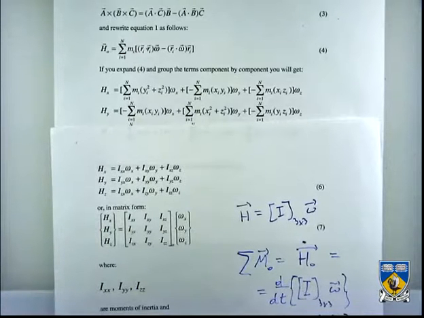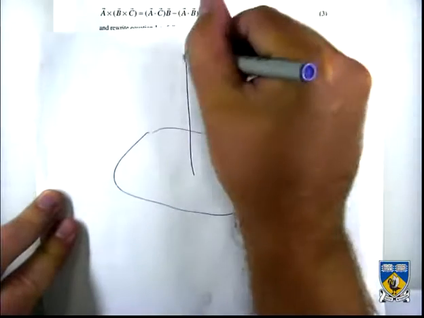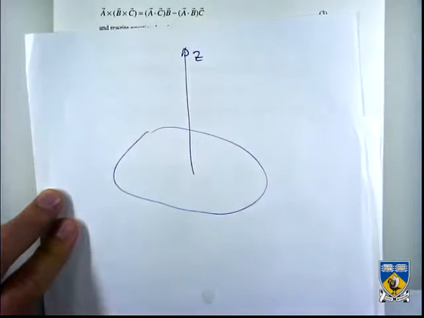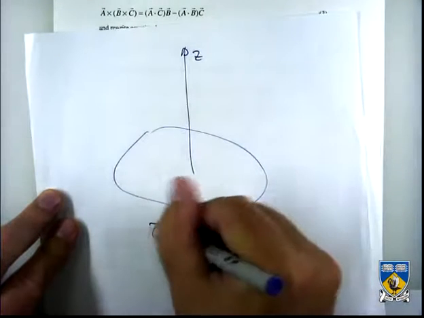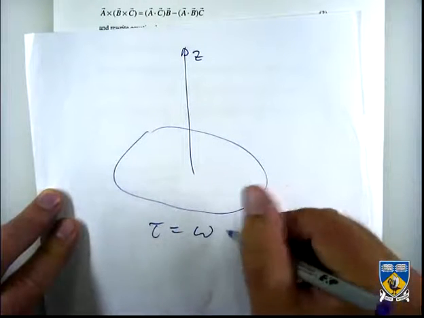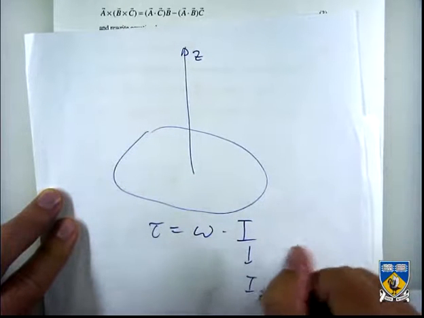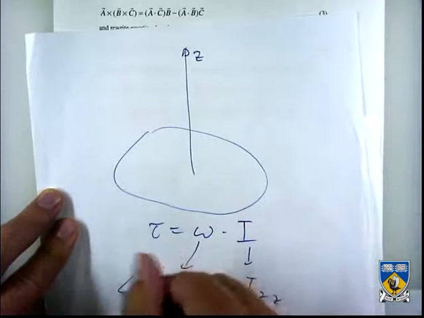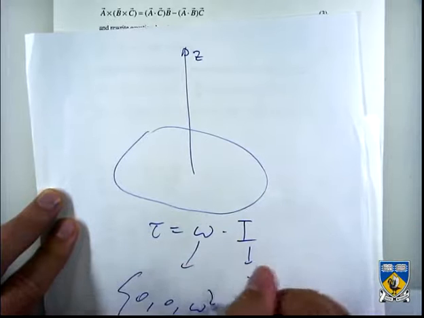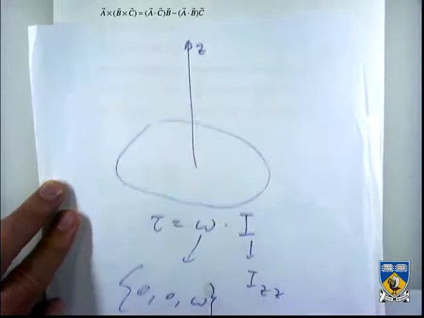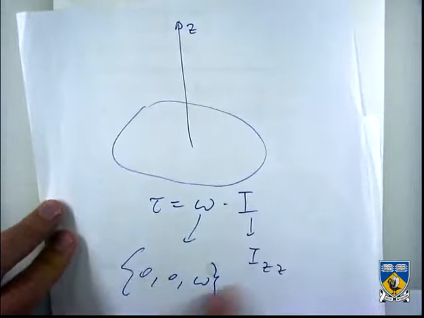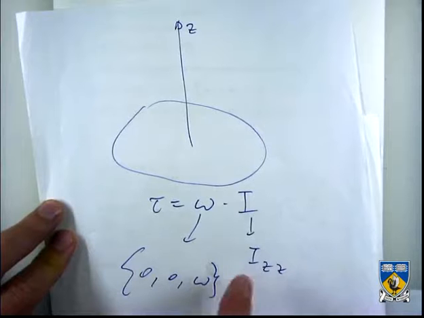So what have we seen in the past in primary school? Of course, we have seen the case when we had rotation around fixed axis z, and the torque was omega times I, and this I was really Izz, and this omega was really 0, 0, omega, right? So this is what we have seen in primary school, right?